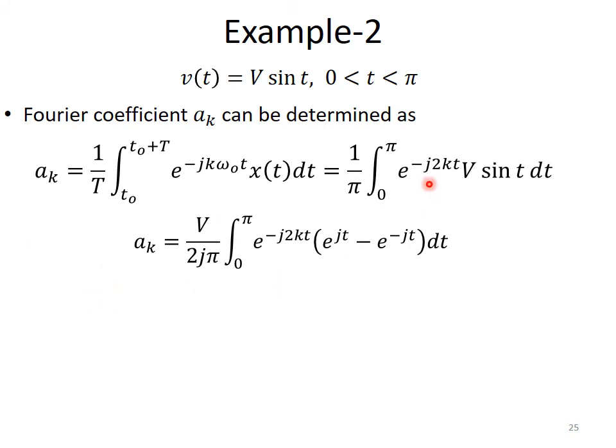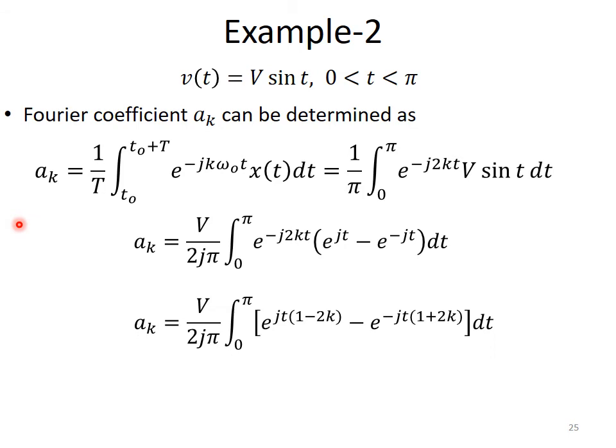So V is constant, it can be taken out of the integral, and we can represent the sine wave as a complex exponential, right? We can, using Euler's formula. Sine t is basically equal to e power jt minus e power minus jt divided by 2j. So 2j is taken out of the integral here. So now we have this. Now you can multiply this exponent with this one and this exponent with this one, right?